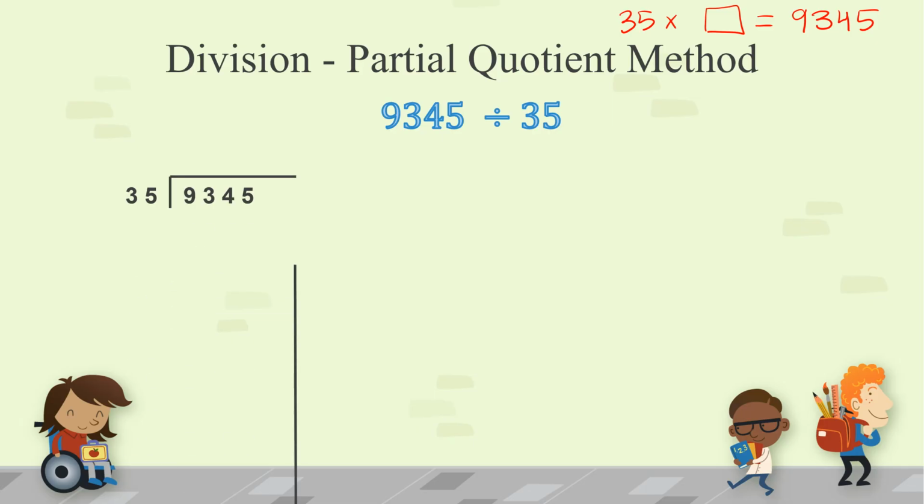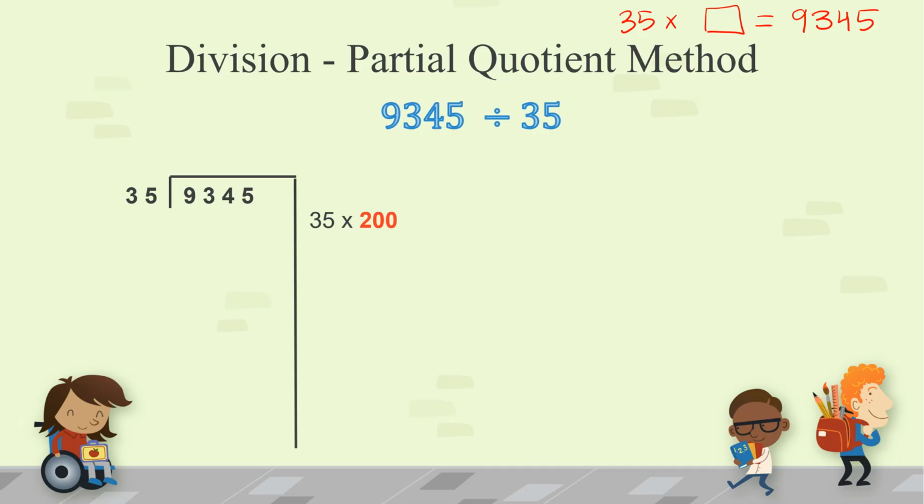So I am thinking 35 times what? I just said my answer is more than 200, but less than 300. So let's take a look at 35 times 200. 35 and 35, my double facts tell me that it's 70.